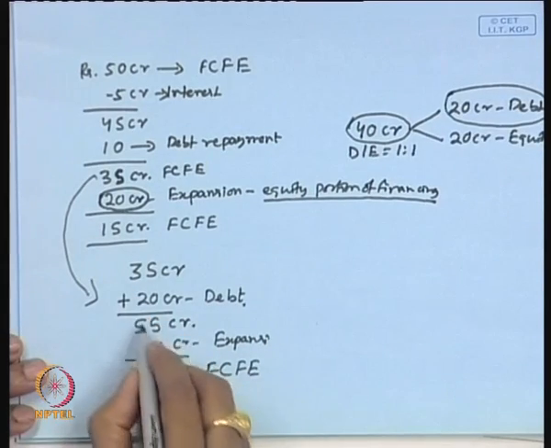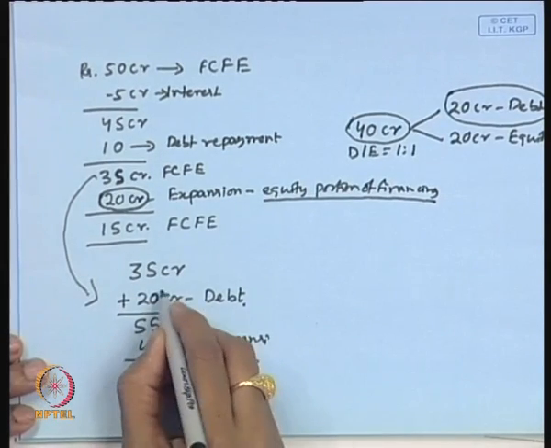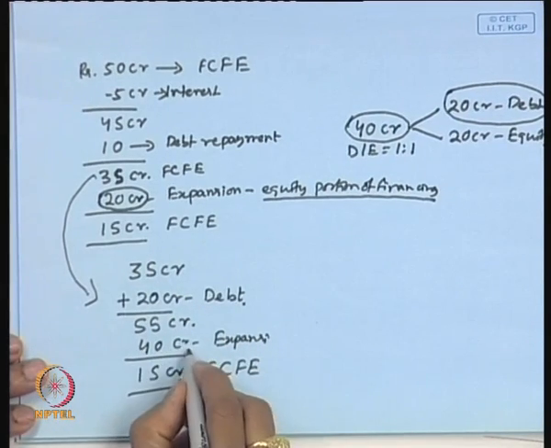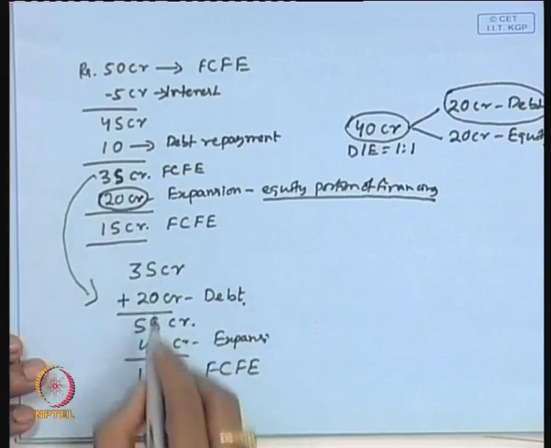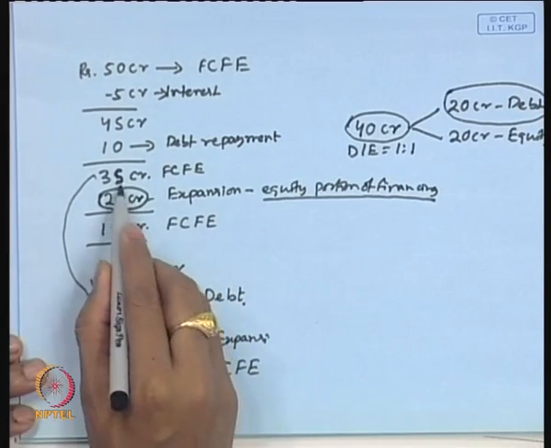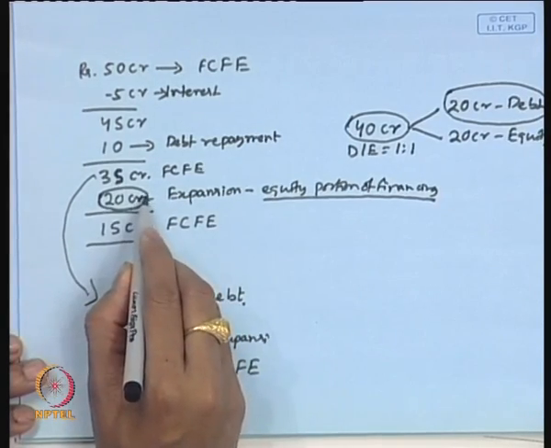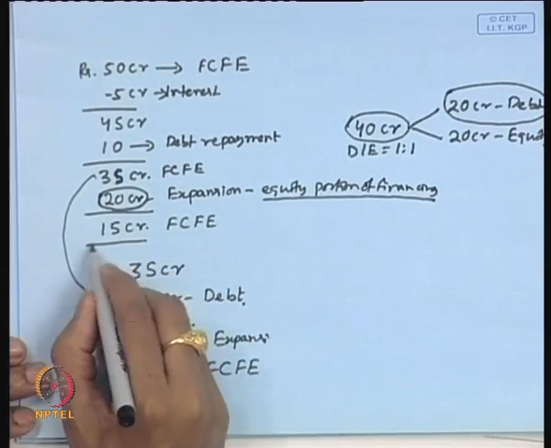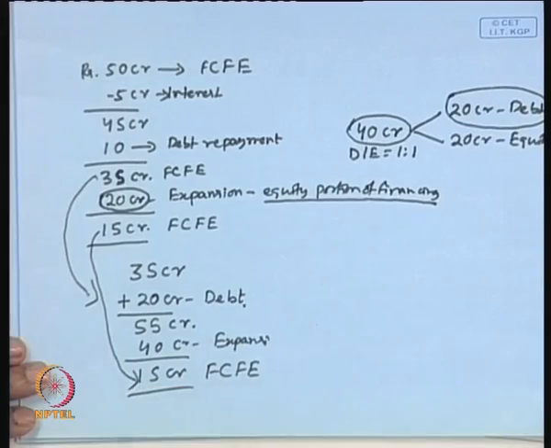So, either we add the debt inflow and then take out the entire cash outflow because of expansion, or on the 35 crore you just take out the equity portion of the expansion requirement. Both approaches give the same value.